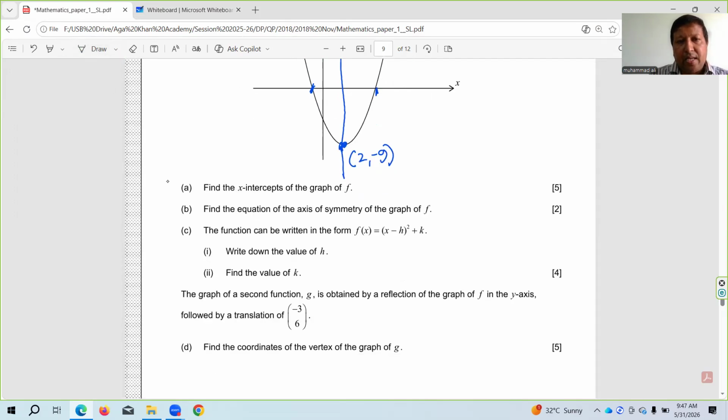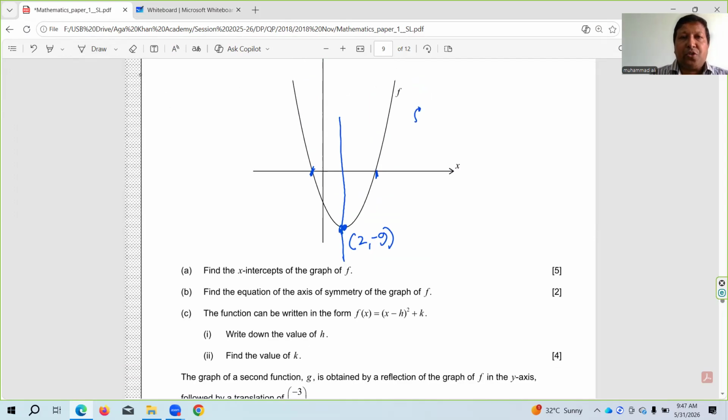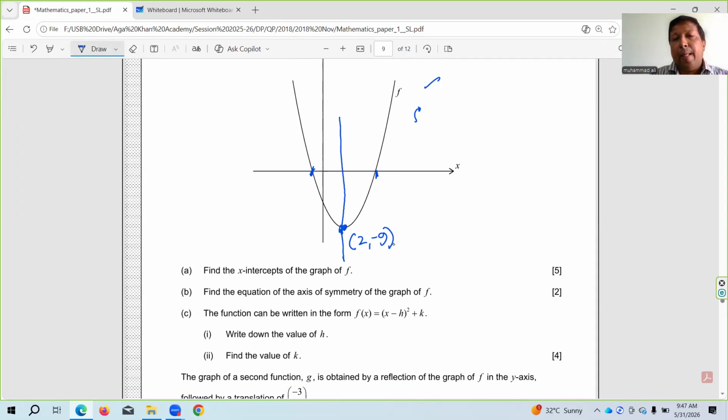Here they say the second function g is obtained by reflection of the graph of f in the y-axis. When this graph reflects in the y-axis, only the x value changes. So this is minus 1, and that one is 5.